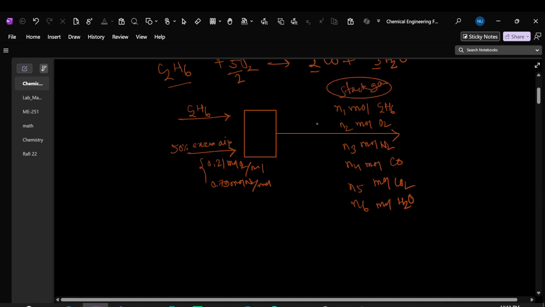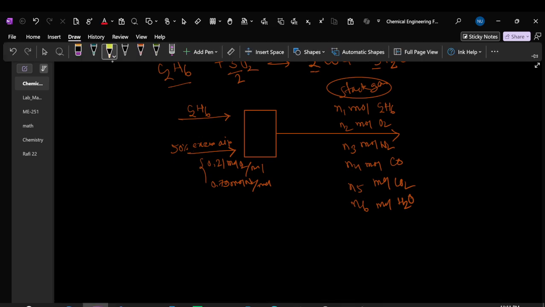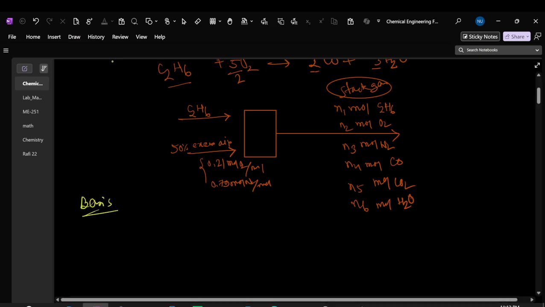I know that. And then first of all we have to consider a basis. So let the basis be 100 mole ethane fed to the reactor.